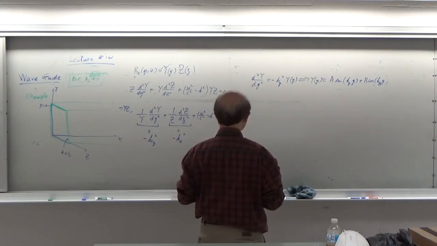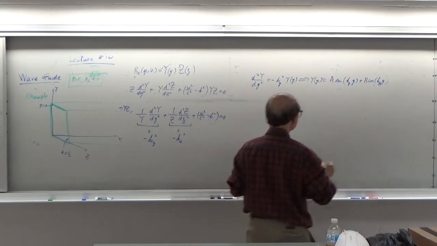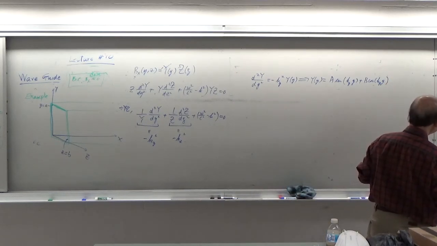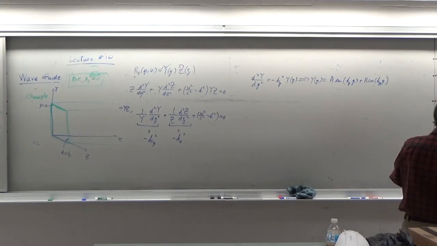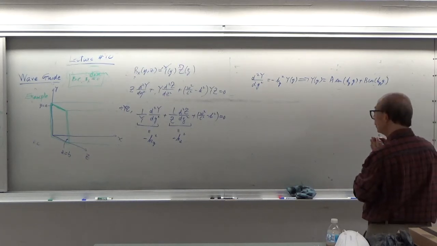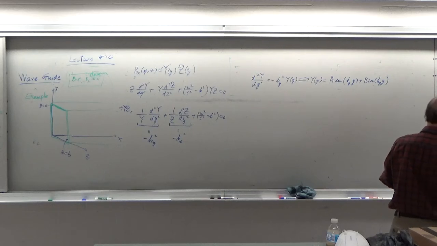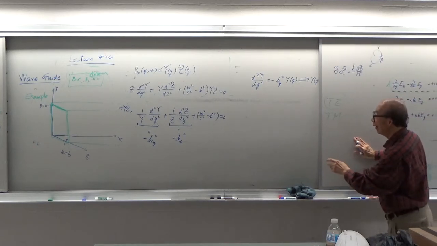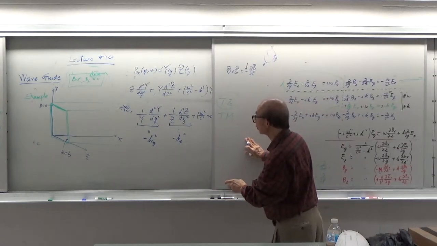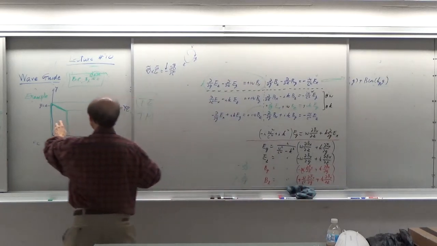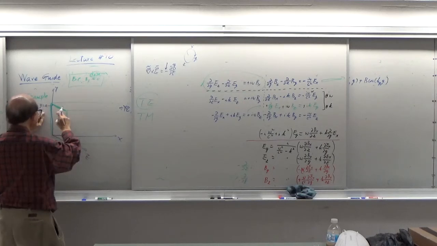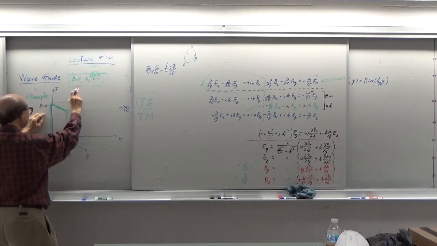Now it's time to impose the boundary condition. I hope I did not erase that. Still here. Now we want to impose the boundary condition. The perpendicular component of B on the surface has to be 0.